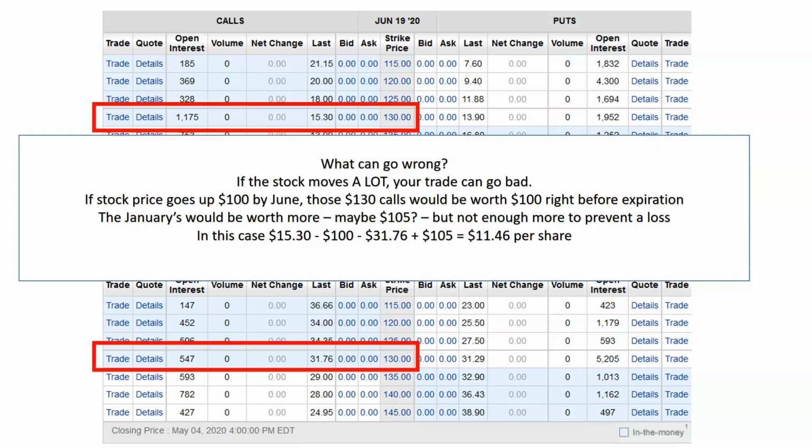Now, when you go to trade those Junes in, you have to pay $100 to close out that trade, and you could turn around and sell your Januaries for $105. That would give you a loss of $11.46 per share. So it's a loss. It's not a real bad loss, but of course we never want to see any loss at all.